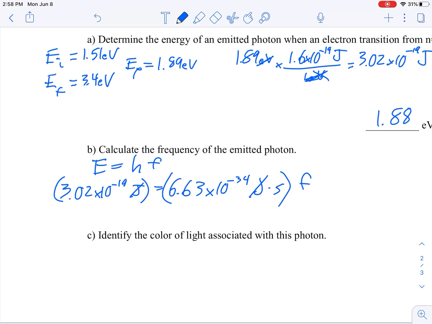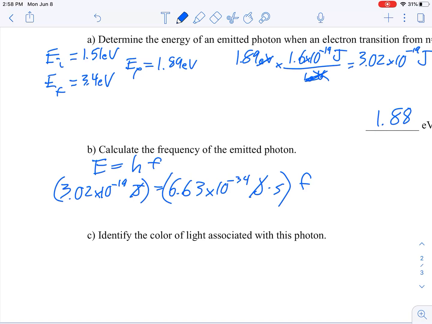So we have 3.02 times 10 to the negative 19 divided by, be careful here, use parentheses, 6.63 times 10 to the negative 34. And I get a very high frequency. Let me just double check something. Oh, I made a small mistake.